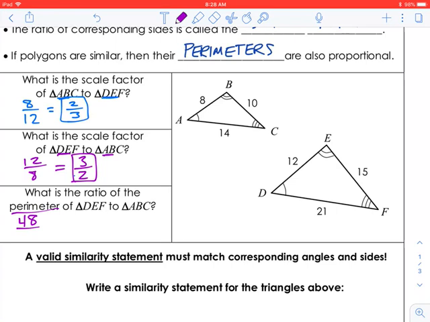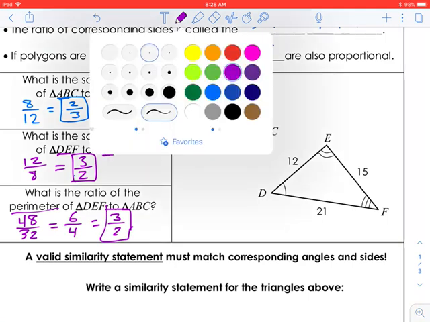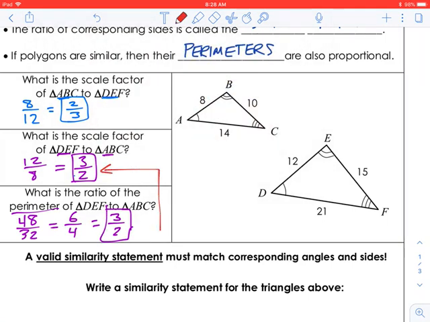For ABC, the perimeter is 10 plus 14 is 24 plus 8 is 32. And so I can divide both of those by 8 first. So that gives 6 over 4, which reduces to 3 over 2. So as you can see, these two are the same. A side to a side, perimeter to a perimeter.